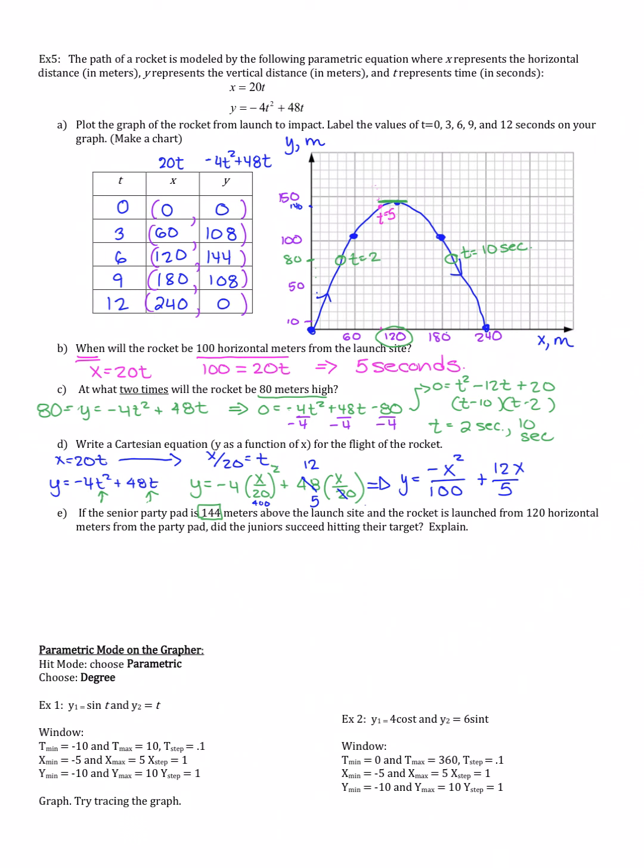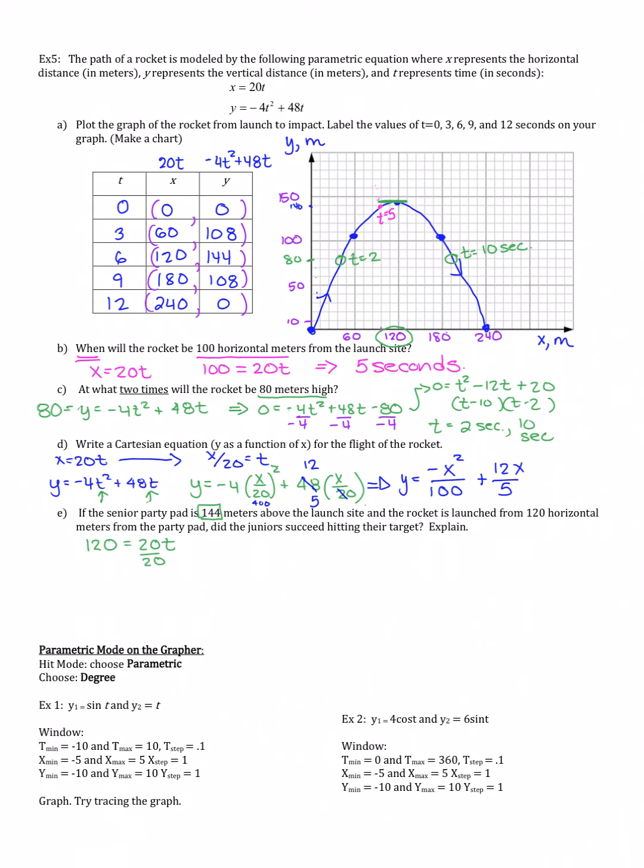So the way I would work this is I would first start with the fact that I know at a horizontal distance of 120, what time is it hitting that pad?